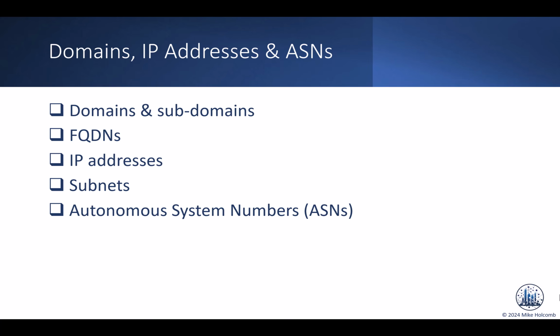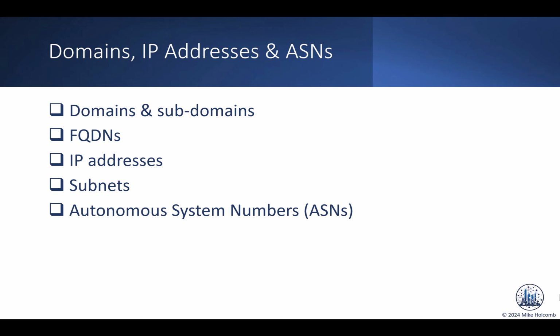And we can do that by looking for domain names associated with the company, and that includes subdomains for all those domains. So if I have a domain like netflix.com, what are the subdomains potentially under there? And as we look for subdomains, we also find fully qualified domain names or system names.